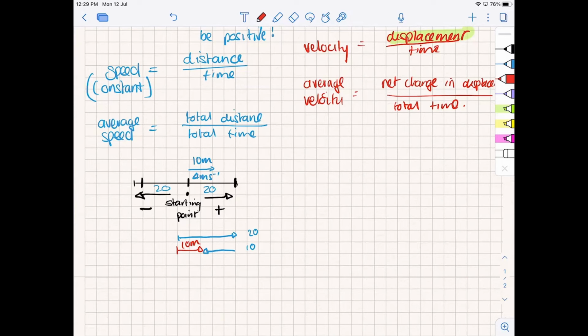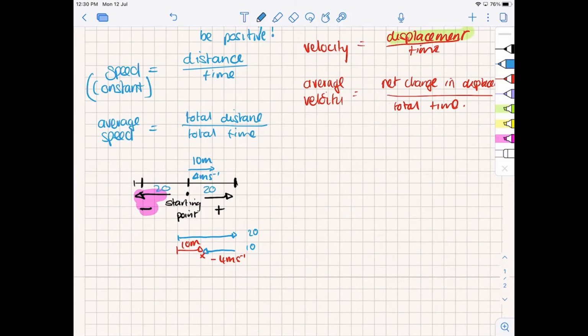At this very moment right here, what is his velocity as he's running back to the starting point? Minus 4 meters per second. Right? Because he's not running in the positive direction, right? We defined as that way. If he's going in this direction, he has negative displacement and velocity.